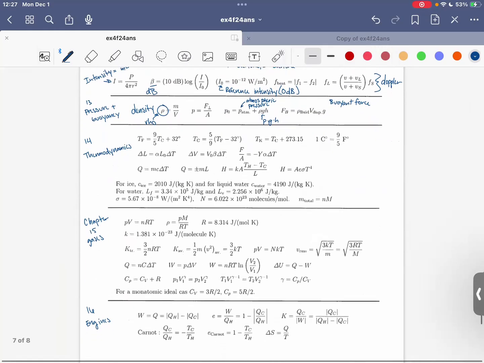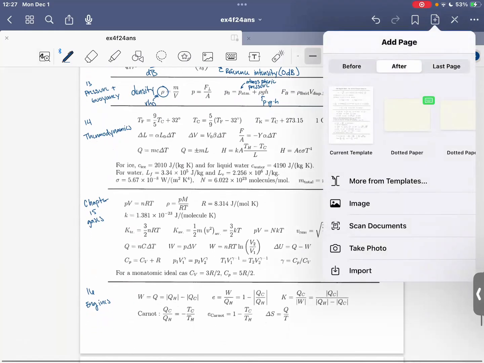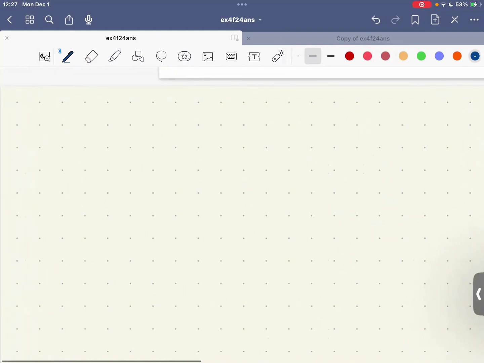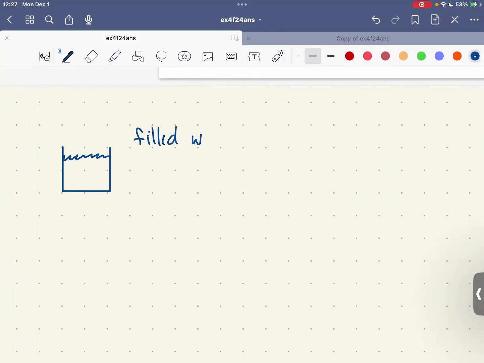And so an easy way to think about this, let's make an extra page. If we have this cup here, and it's filled with some liquid, let's just say filled with water.